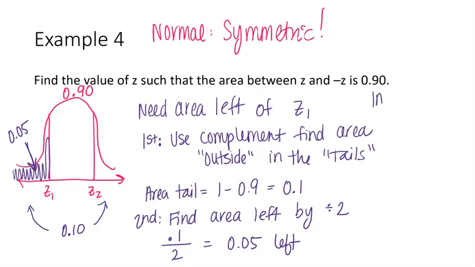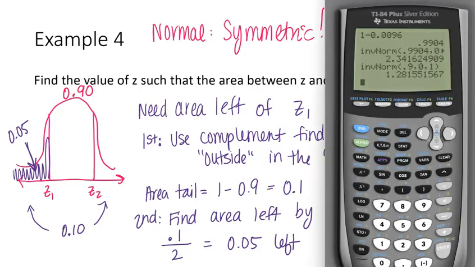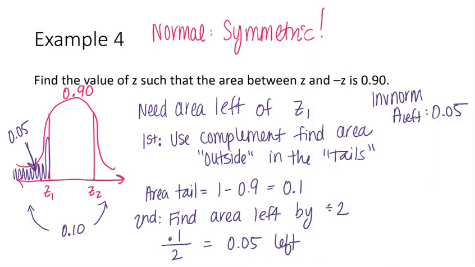And then when I go to that inverse norm, my area left is 0.05. So I'm kind of running out of room on my screen. 0.05, negative 1.648.